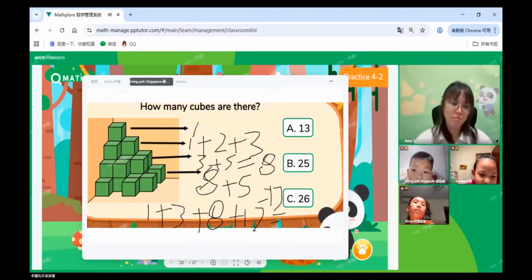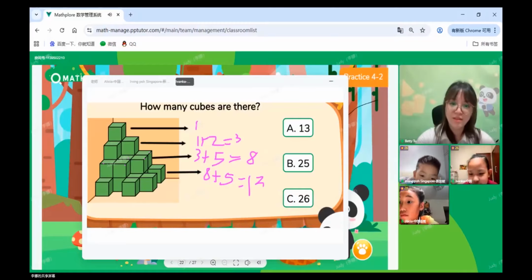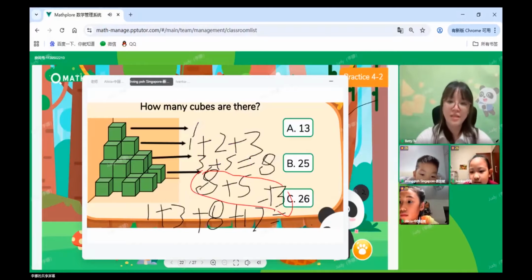Wait, 1, 2, 3, 4, 5. Wait, Irving. 8 plus 5 equals 13. Good.